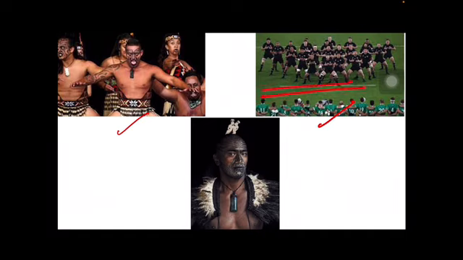This is the rugby team of New Zealand, and they are performing the Haka dance. Haka dance is a very famous cultural dance of the Maoris. And this is the physical appearance of Maori people. So these are the facts that I need you to note down.